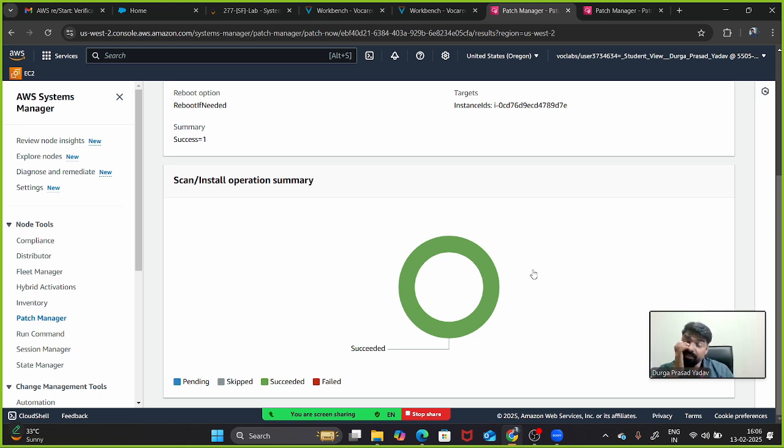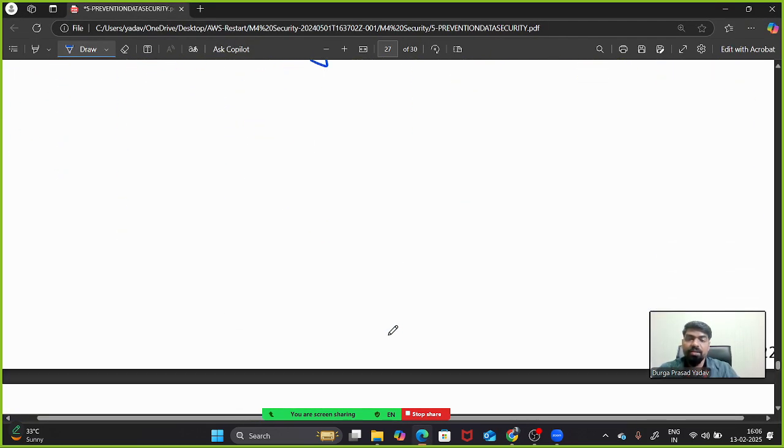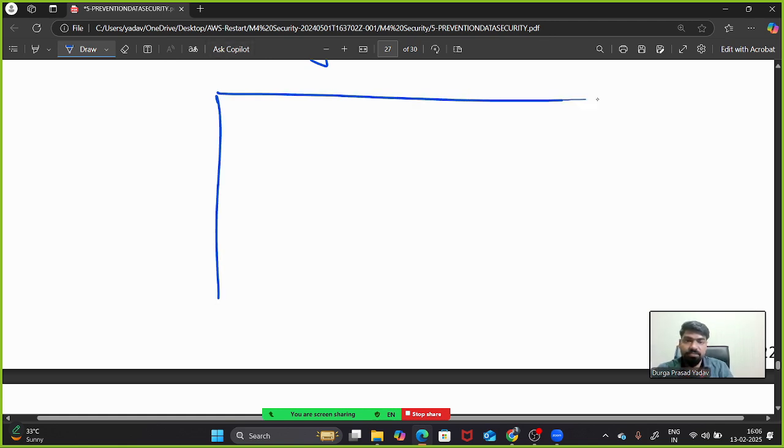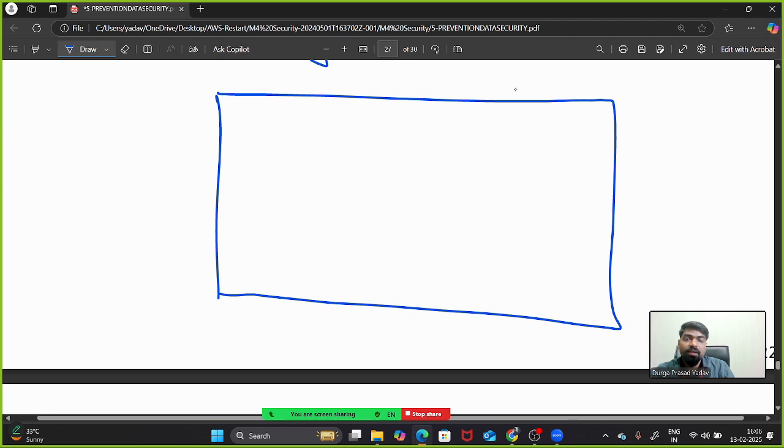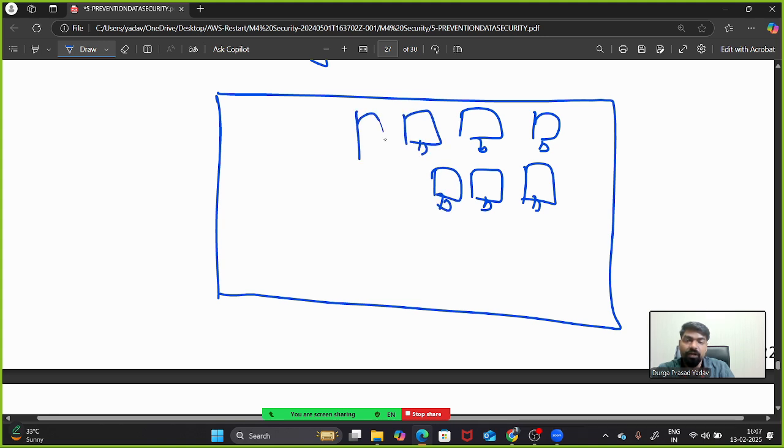See, let's say in production, what happens generally, if you have production machines, see the scenario here. In production, there are 100 computers or more than 100 computers. Everybody is working on a few projects and they are not connected to the internet, or even if some of them are connected to the internet, they can update, but some of them are not connected.